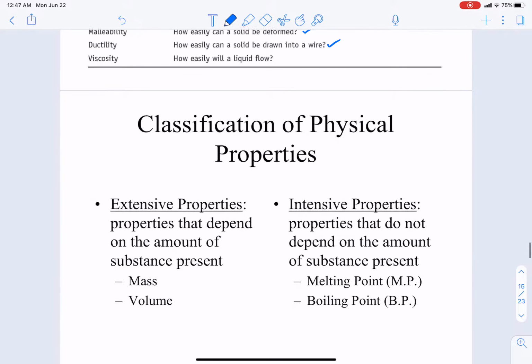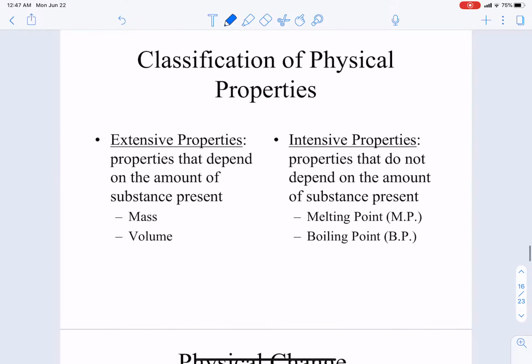So we can classify our physical properties into extensive properties and intensive properties. And extensive properties, those depend on the amount of substance present. So like mass or volume. So if you have more of the stuff, you're going to have a higher mass and it's going to take up more space, so you have a higher volume.